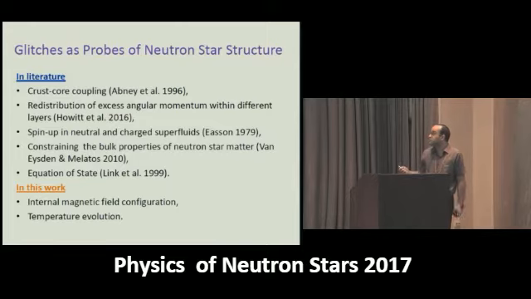Glitch observations are also used for constraining the bulk properties of neutron star matter and the equation of state. In this work, I will mention how glitches can be used to infer magnetic field configuration and temperature evolution.